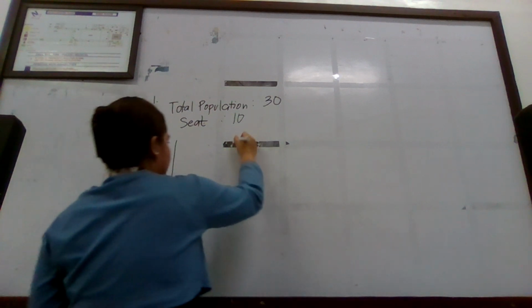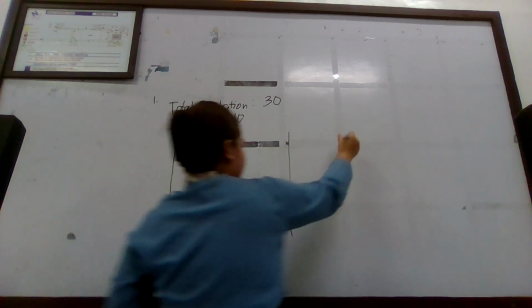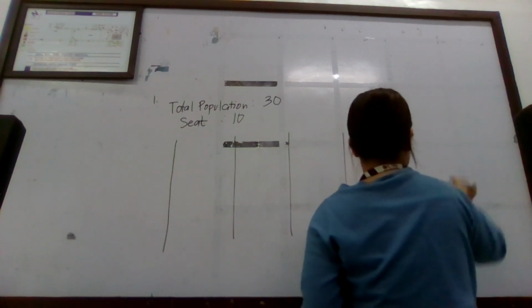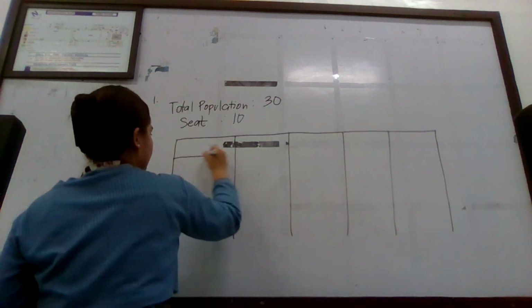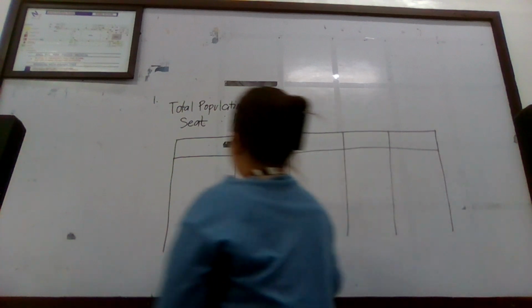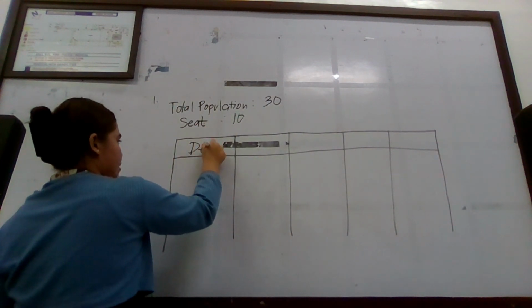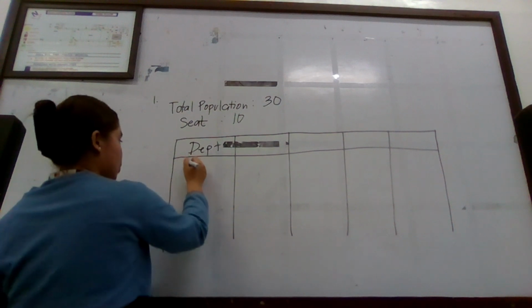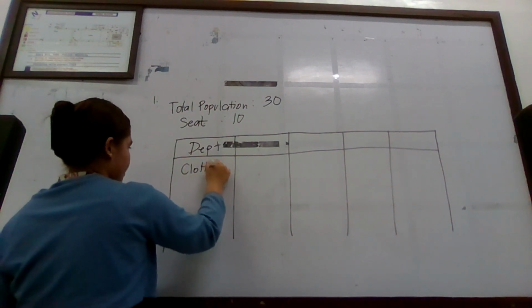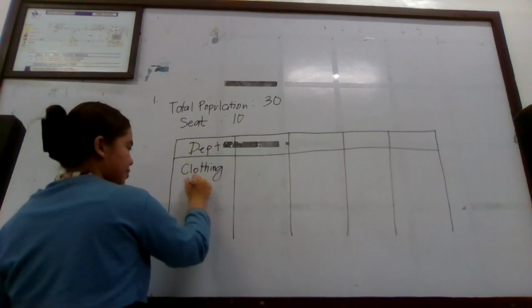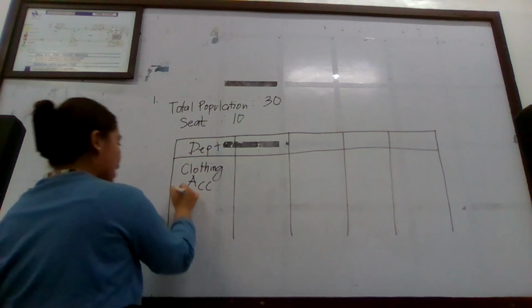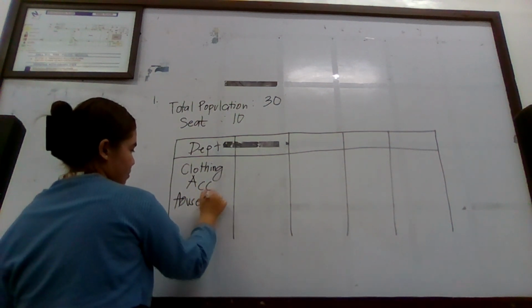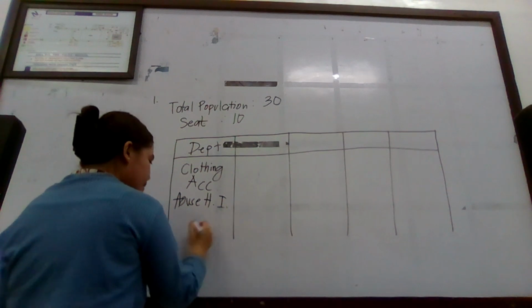So this is the table. This will be the departments. So we have clothing, accessories, household items, and snack.